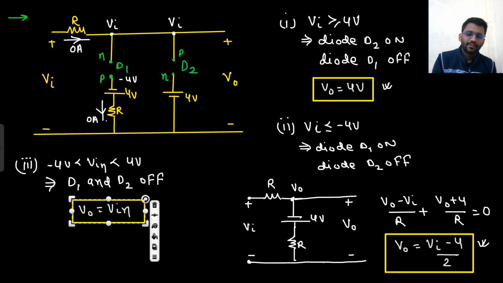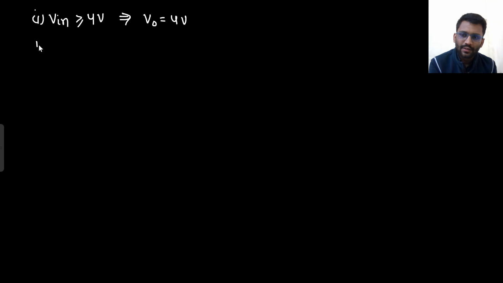Right? So now we can make the graph. Or in conclusion, we can write all the points. When V in is greater than 4 volt, V out is plus 4 volt.